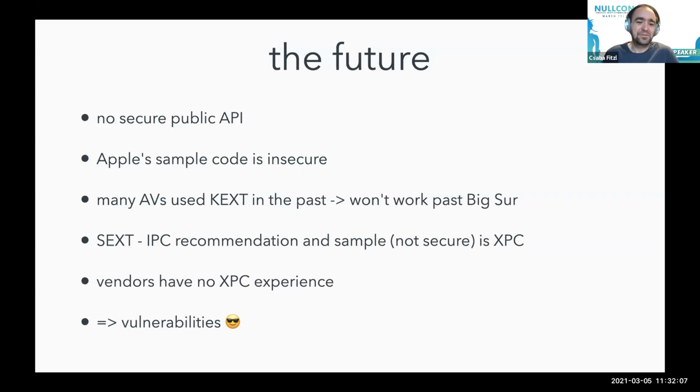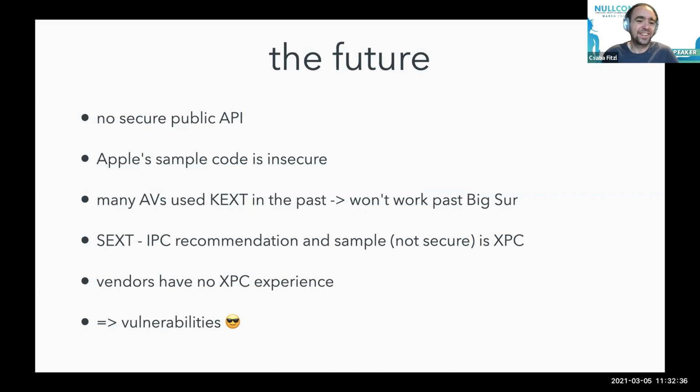Second, Apple's sample code for XPC, all of it is insecure. So when developers start to learn XPC and how to do it, they will turn to Apple's sample code, implement that, and that will be insecure. And we actually saw applications took Apple's code as is and used that.